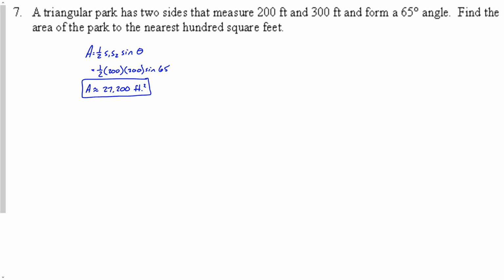The wording in number 7 is a little bit different, but it still describes an included angle between the 200-foot and 300-foot sides of this triangular park. So the answer for the area in this case, because if you read the problem correctly, it says round to the nearest 100 square feet. The correct answer, based on the problem and the way it's worded, would be 27,200 square feet.